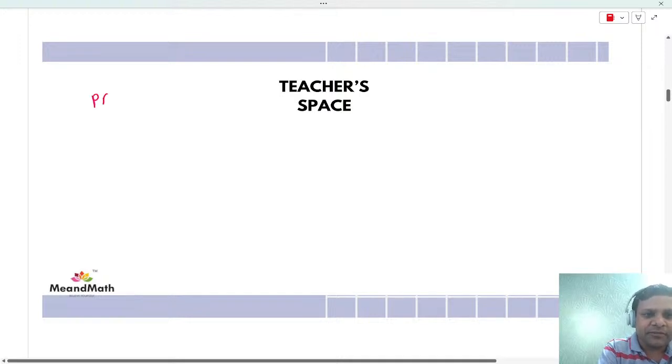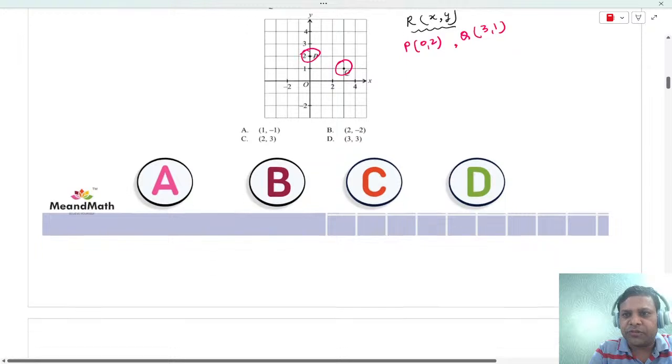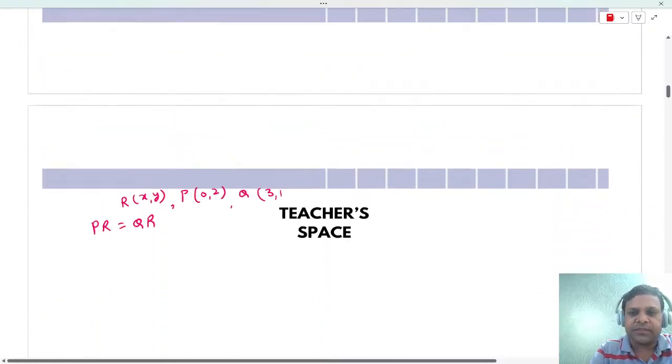PR is equal to, R is x comma y, P is 0 comma 2 and Q is 3 comma 1. Let's check once again: 0 comma 2 and 3 comma 1.